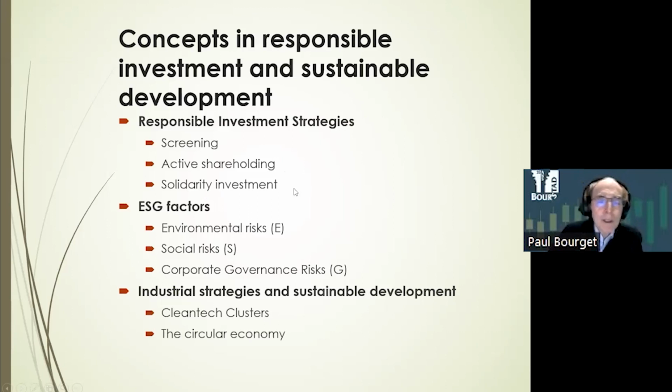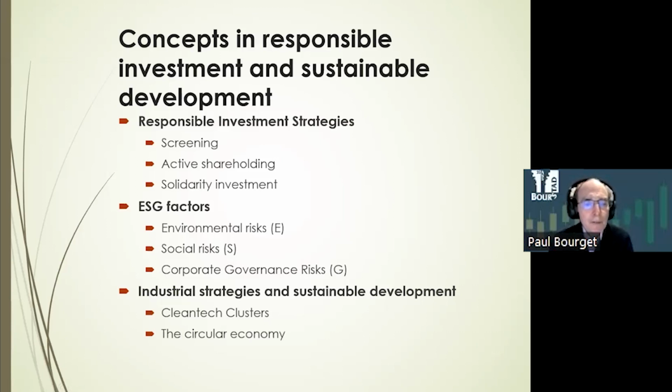And solidarity investment means investing maybe in microcredits, for example, or in, let's say, workers' funds, funds that invest in a way to preserve employment in some industries, in a way to create jobs in those firms.